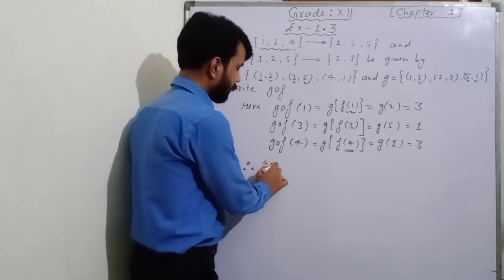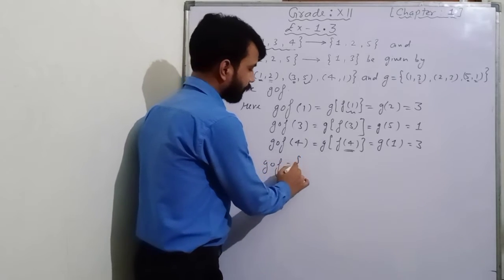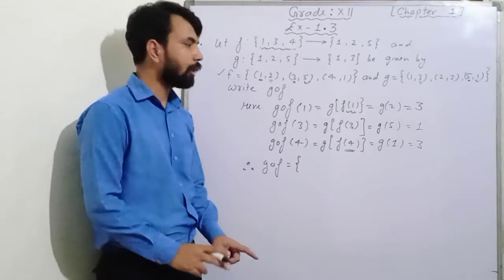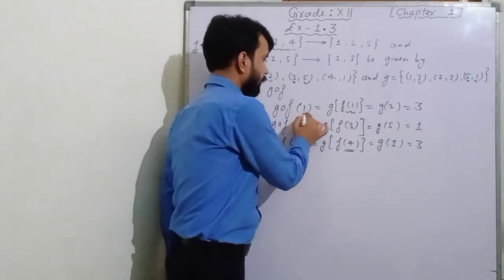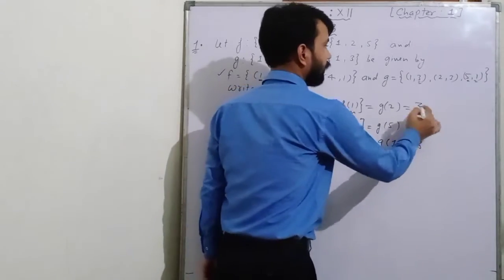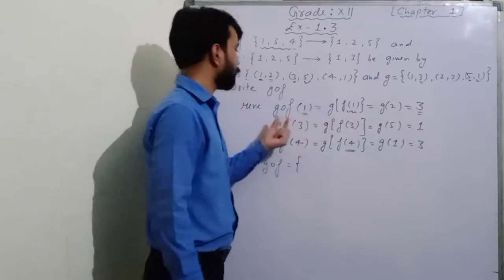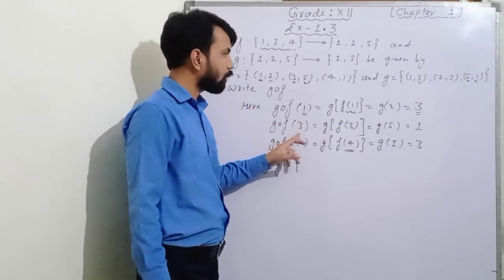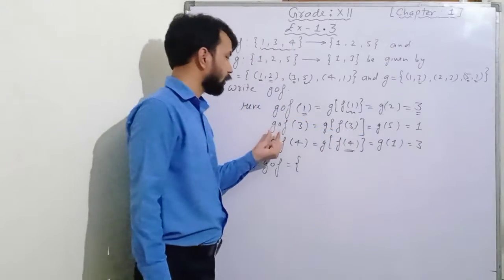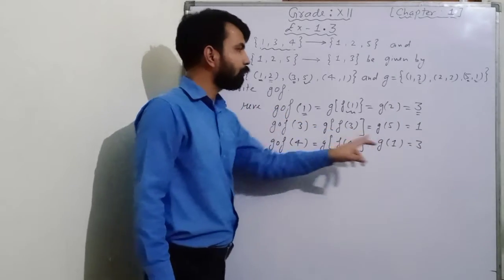After finding these values, we have to find GOF. Hence GOF equals the set of all ordered pairs. The image of 1 is 3 under the function GOF, the image of 3 is 1, and the image of 4 is 3.